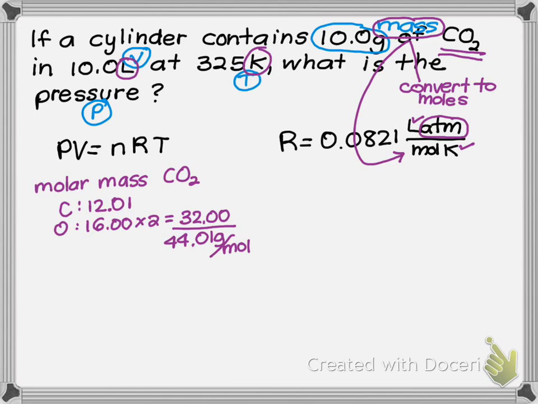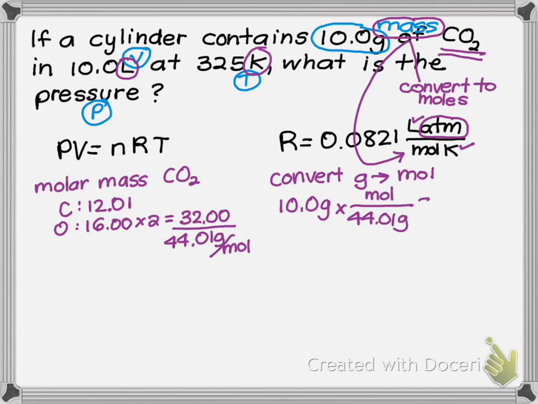So to convert into moles, which I have to do because I need moles for the ideal gas law, I say 10 grams. I want to put the grams on the bottom so they cancel, and the 1 mole on the top. So I'm going to take 10 grams and divide it by 44.01. And I get 0.227 moles. Okay, so now I have moles. So I have everything I need to do the problem.